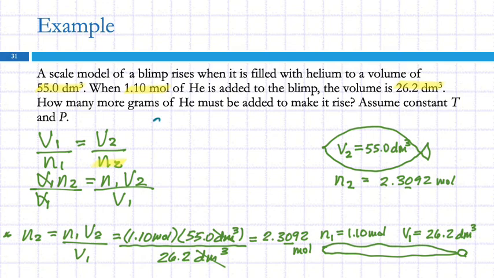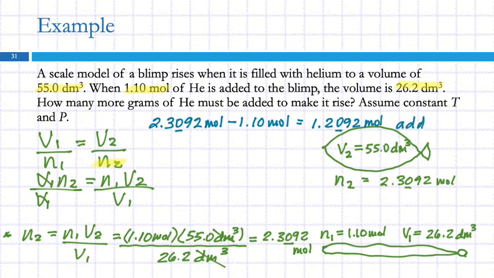So if I have 2.3092 moles and I started with 1.10 moles, that is 1.2092 moles.